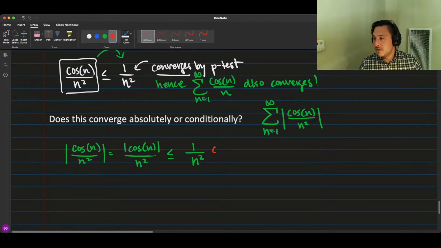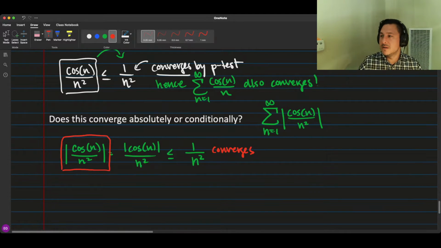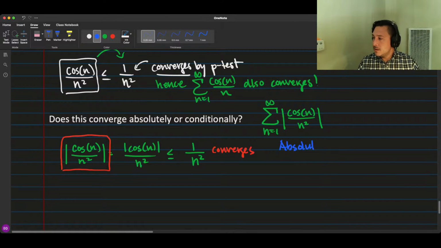Okay, and 1 over n squared converges by the comparison test, so we now also know that this thing converges because it's smaller than something which converges. So we now know that we absolutely converge. Why?